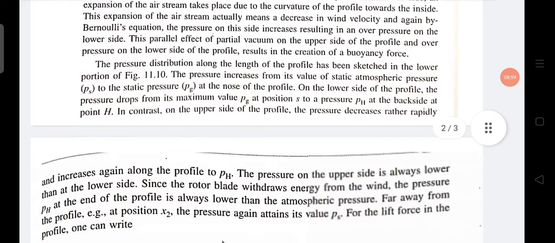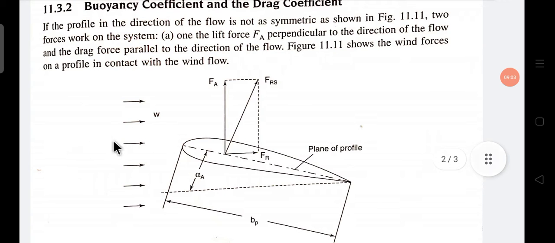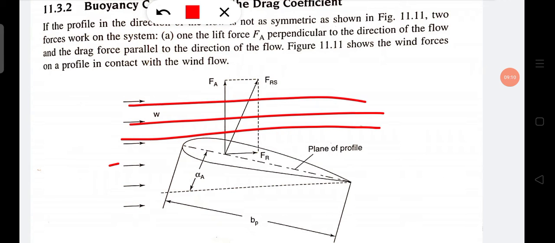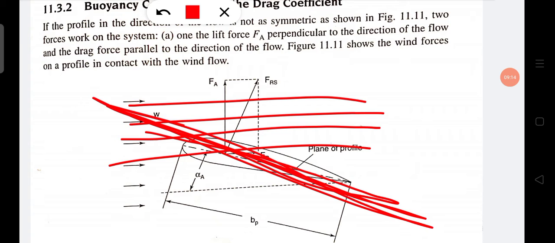If that is not the case, here you see the flow of wind is like this, but the profile is like this, that is not parallel to the flow of wind.